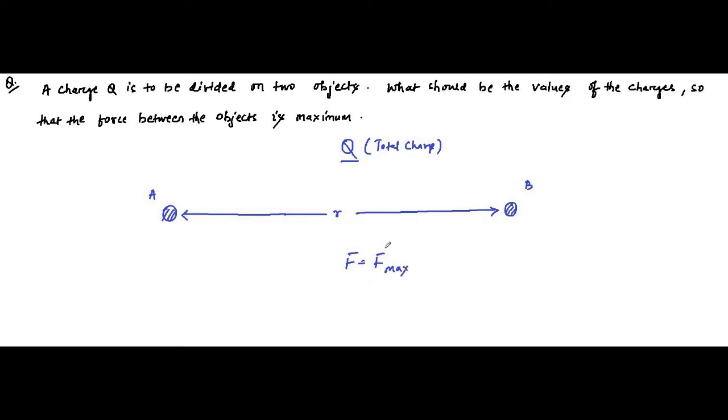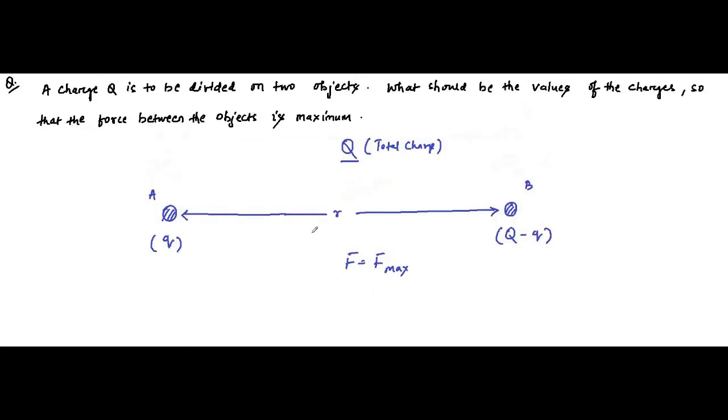Let's say from this total charge capital Q, small q amount of charge is given to A. The remaining charge is capital Q minus small q, given to B. This is how the charge is divided.